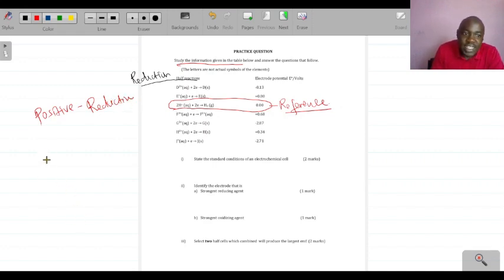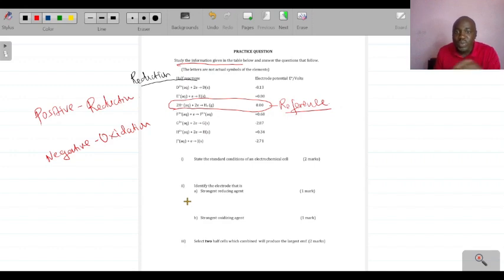Then those that are negative, it means with reference to hydrogen, they have the greatest ability to lose an electron. Therefore, they undergo oxidation. And this is the first point where a student should start from, by first of all interpreting what these values mean.